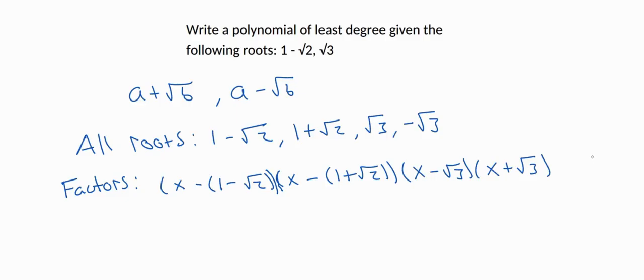And let's go ahead and notice here why these are the factors. So looking at the first one, for example, if we plug in 1 minus the square root of 2 for x, then we would have 1 minus the square root of 2 minus 1 minus the square root of 2, which will result in a 0.